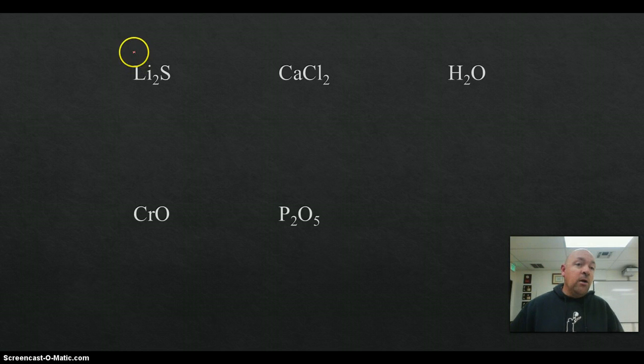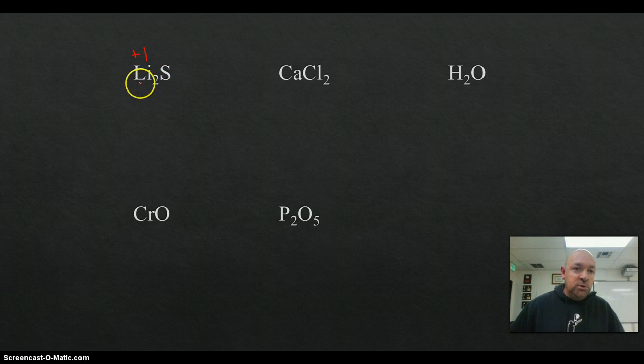I know lithium's an alkali metal. Alkali metals are always +1, so the reality is I don't even need to figure out its charge. It's always +1, so I can just write that there. And then if I wanted to, I could figure out the charge of sulfur. There's no particular rule that applies to sulfur.